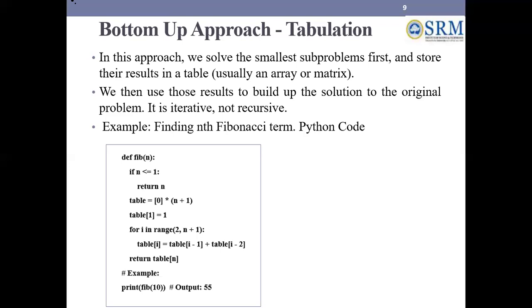It uses an array, table equal to 0 times n plus 1, so the initial values 0 and 1 are stored. Then for i in range 2 to n plus 1, we use a for loop. Table of i is equal to table of i minus 1 plus table of i minus 2. This ith term is the sum of the previous two terms. So the for loop iterates from 2 to n plus 1. Finally, return table of n.